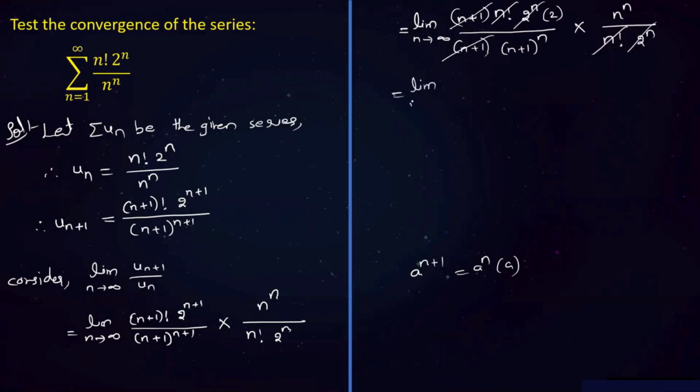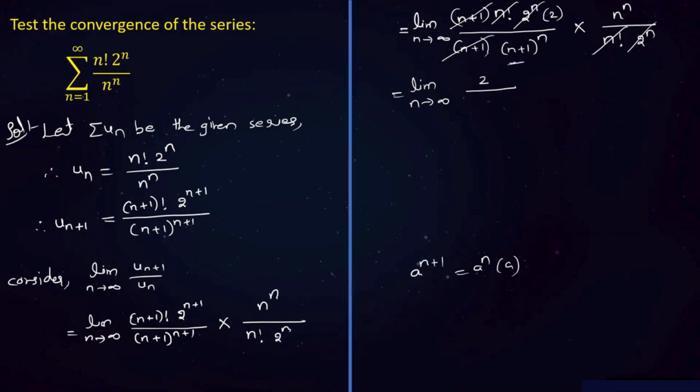Then if you write the remaining terms, limit n tends to infinity, in the numerator it is only 2 divided by, look at the denominator carefully, we have n plus 1 whole to the power of n. And in the numerator here, we have n power n. To get that n power n in the denominator, I'm taking n common from this term.